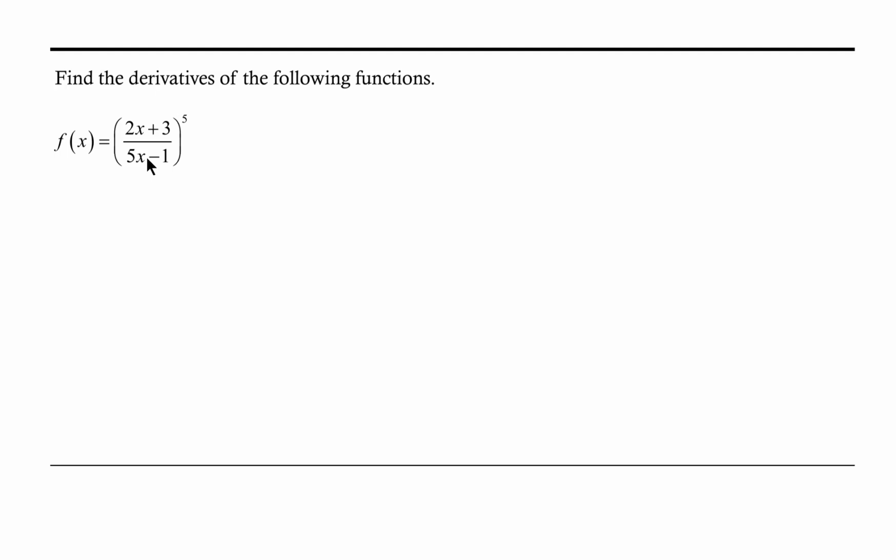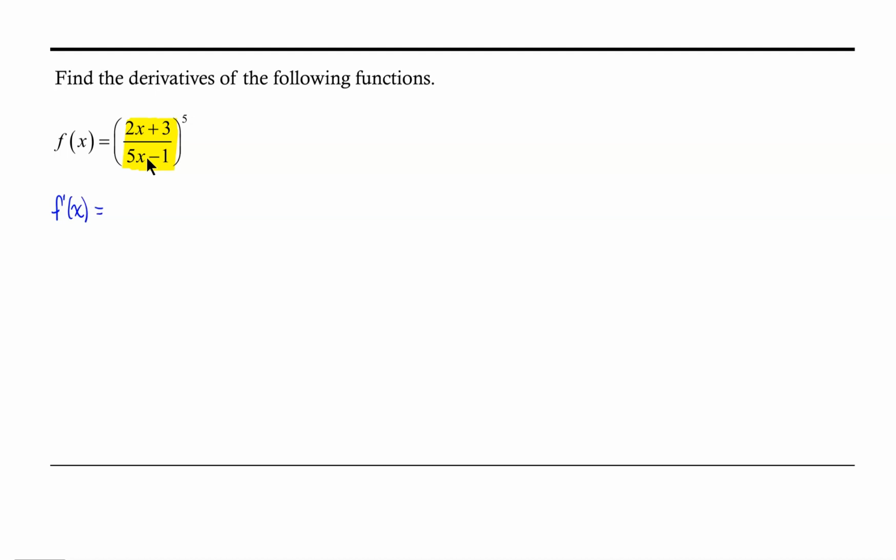So the first thing to notice is that we have a function that is raised to a fifth power. So the argument of the function is this rational function inside the fifth power. So as we go to find the derivative here, we'll be using the power rule and then the chain rule.